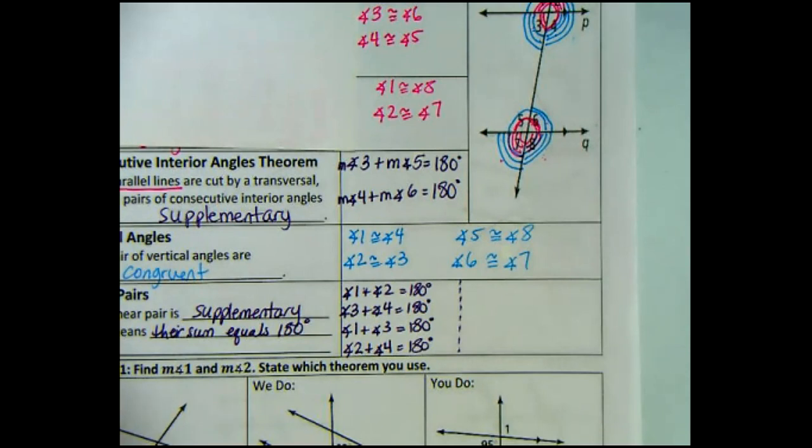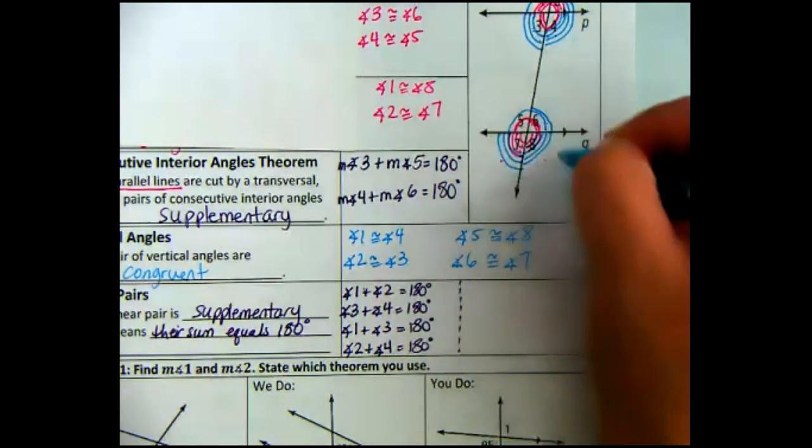Going once. Going twice. Okay. All right, Jose, can you give me a pair? Jose? Give me a linear pair from the bottom quad.